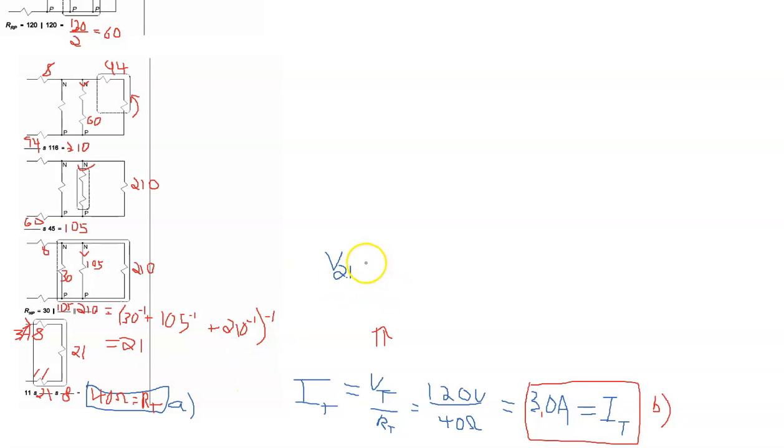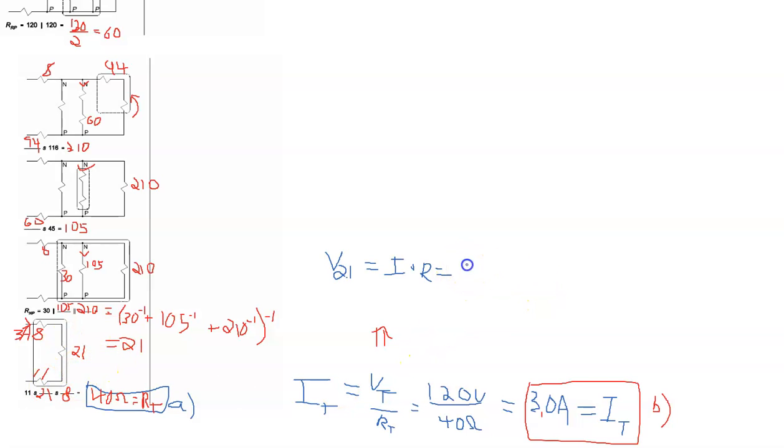That is going to be equal to the current through there multiplied by the equivalent resistance. Because of this series circuit, the current through the 21 is IT.